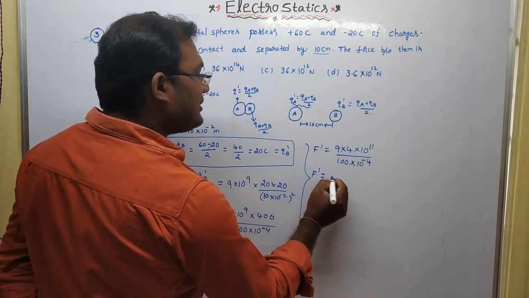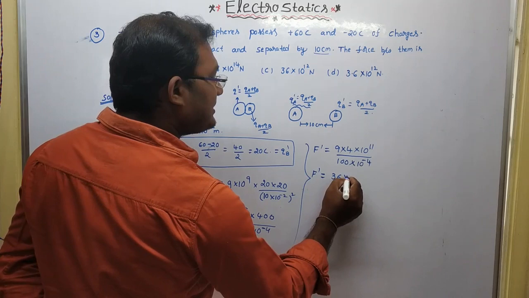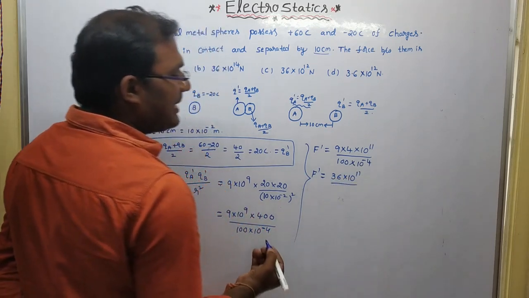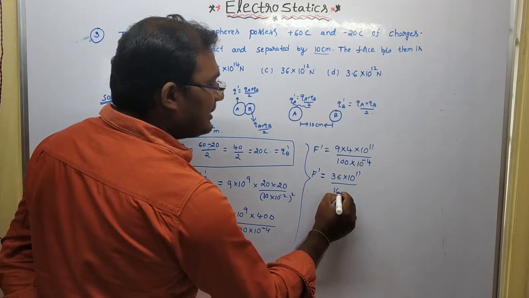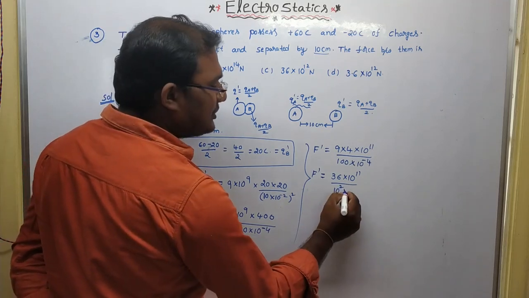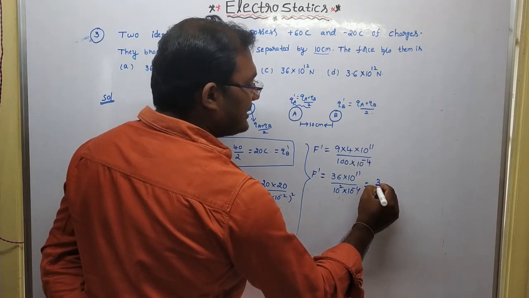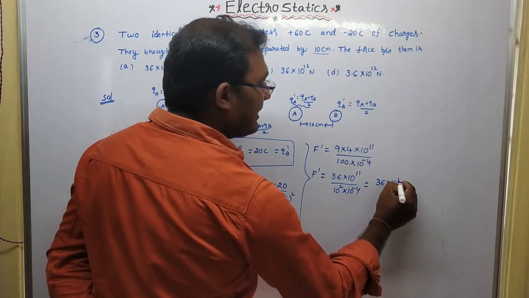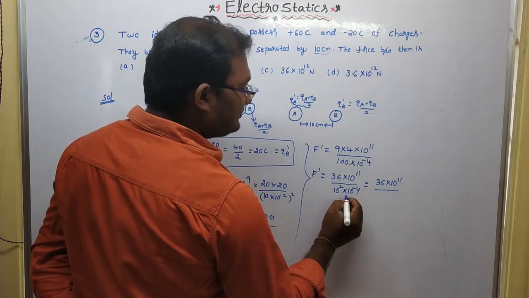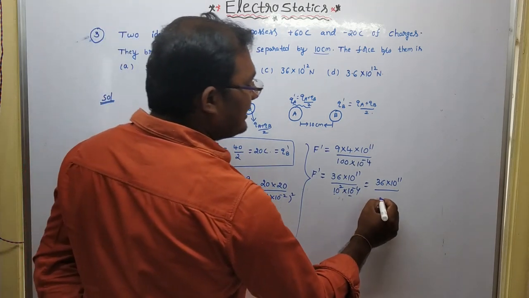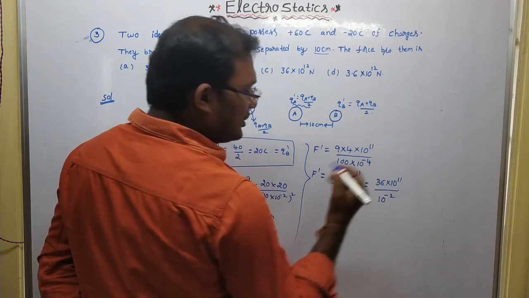F dash equals 36 into 10 power 11 divided by 100, which means 10 square into 10 power minus 4, that equals 36 into 10 power 11 divided by, bases are equal so powers will be added, 10 power minus 2.